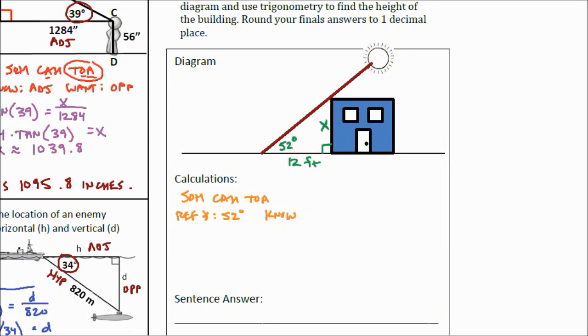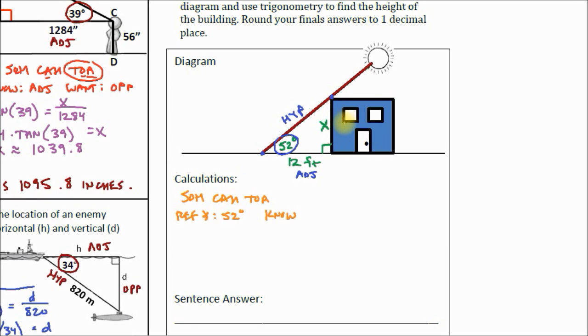I know, whoops, I should be labeling my parts. This is the hypotenuse from here to here. Here's our reference angle, 52, and that means the 12 feet is the adjacent side, and the x is the opposite side.